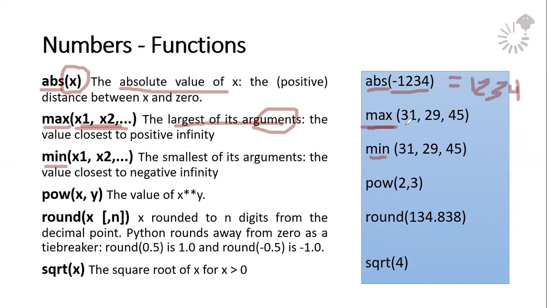Okay? Alin daw yung largest of the arguments, which is 45. Your answer here or magiging output mo dito is 45. For minimum, same behavior with max. You can pass multiple values. And ang gagawin niya is kukunin niya is smallest value of its argument, which is 29.